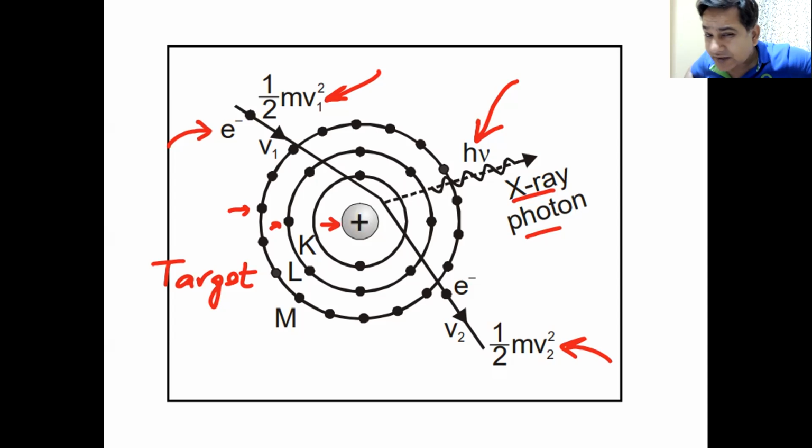This type of X-ray is known as what? Continuous spectrum X-ray. Yes, this type of X-ray is known as continuous X-rays or continuous spectrum of X-ray. Do we understand this? Yes, sir. So if this diagram comes in the examination hall and they ask you what is the type of X-ray that is produced, what do you say?